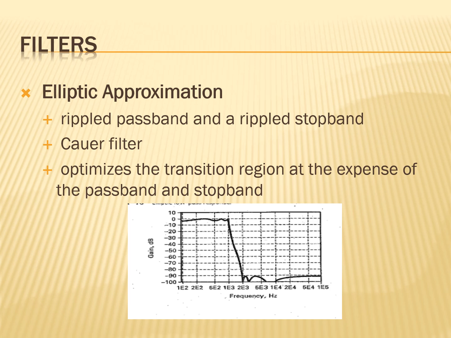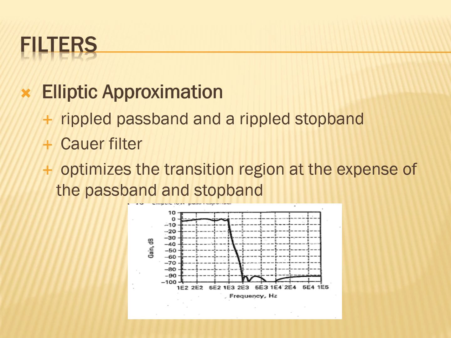After the response breaks at the edge frequency, the initial roll-off is very rapid, slows down slightly in the middle of the transition, and then becomes very rapid toward the end of the transition. Among the four approximations that we have discussed, the elliptic approximation will always produce the most efficient design with the lowest order.